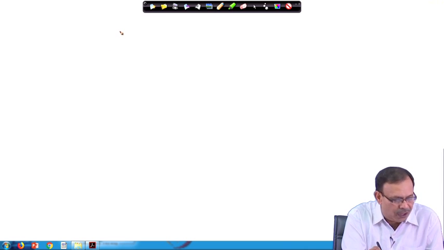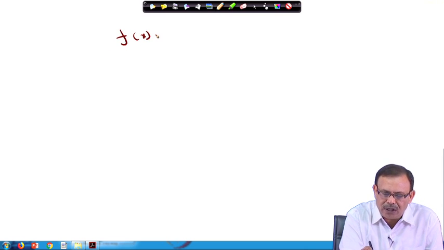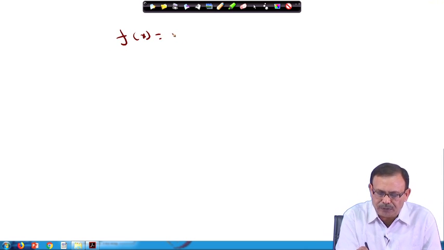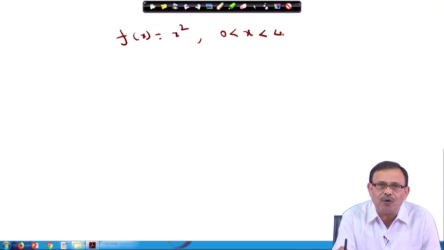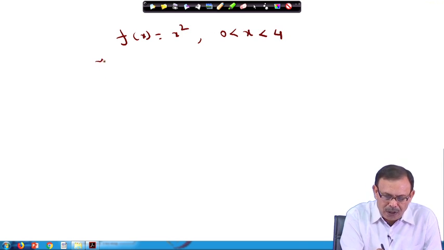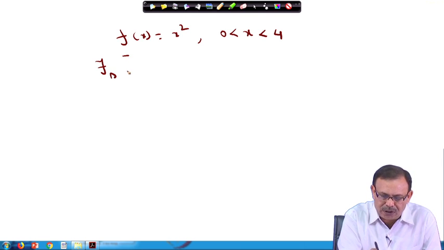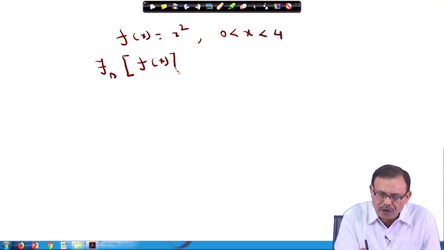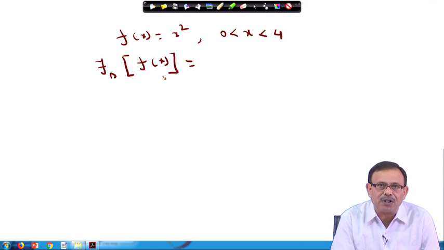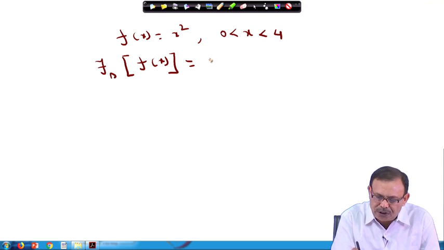Therefore, f(x) is given as x square, where 0 is less than x less than 4. The finite Fourier sine transform of f(x), please note that although we use a similar notation, this is the finite Fourier transform of f(x).